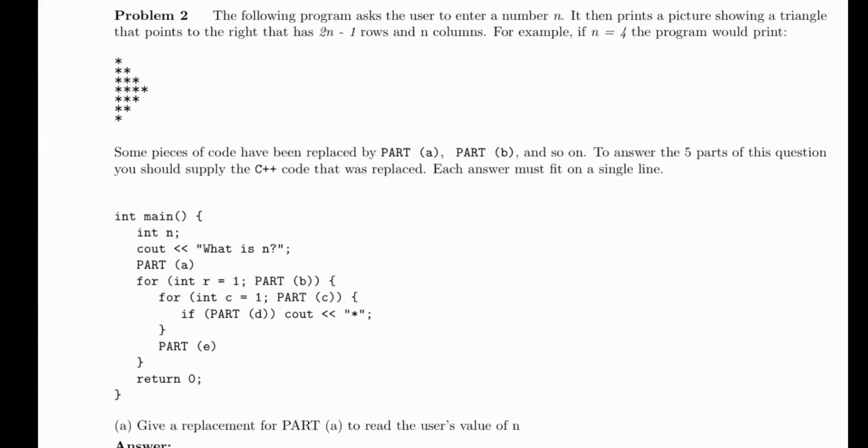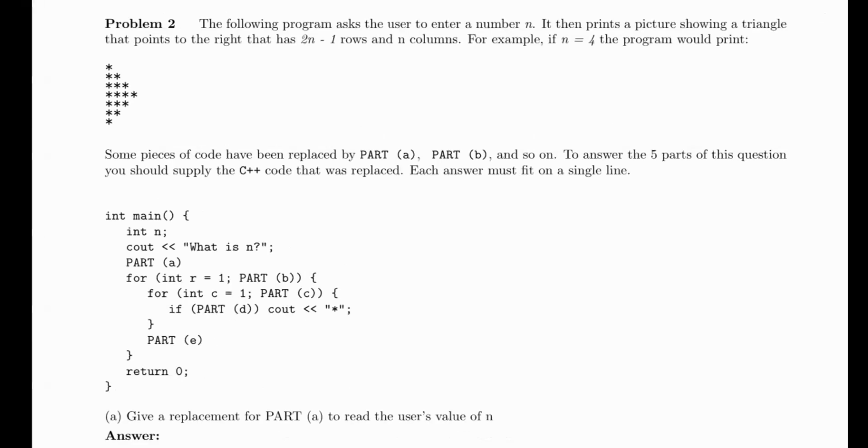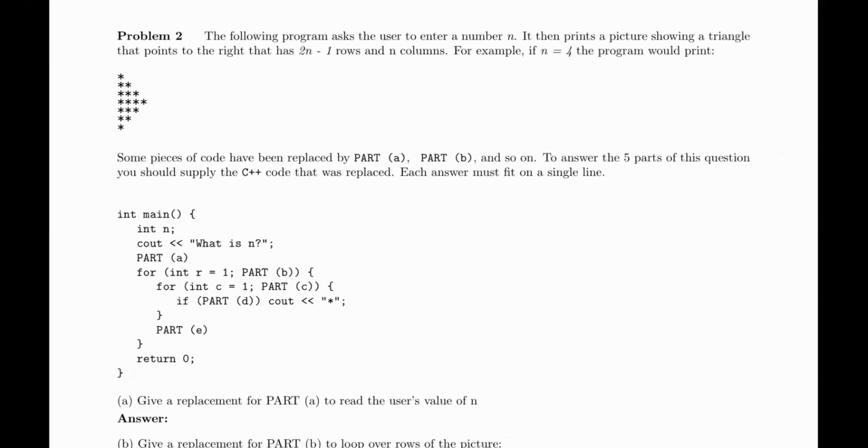All right, so let's do this. The following program asks the user to enter a number, then prints a picture of a triangle that has 2n-1 rows and n columns. If n is 4, the program would print like this.